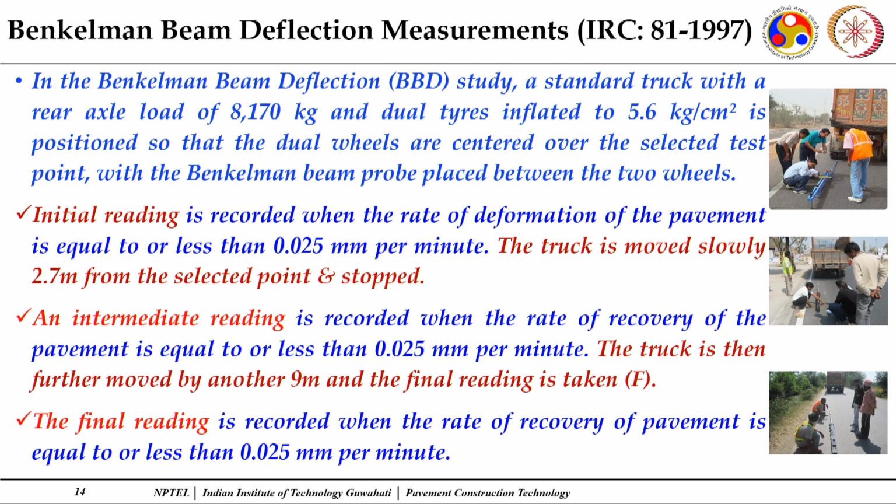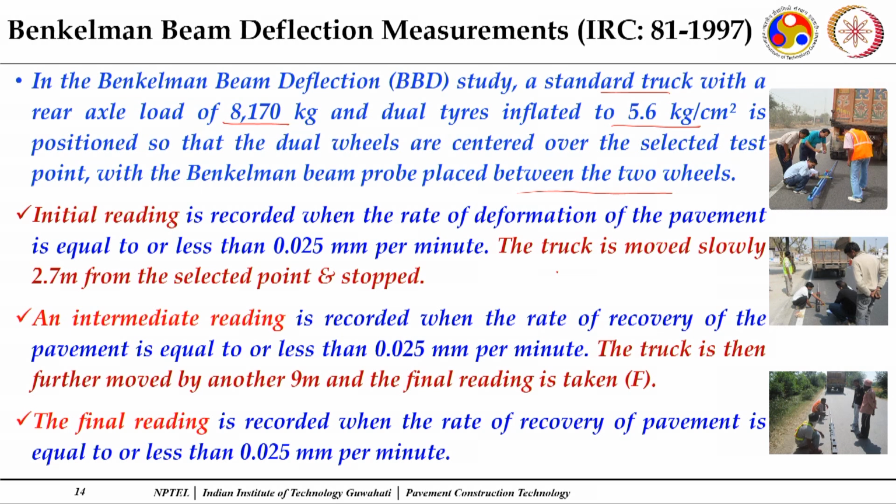Now, when the deflection measurement has to start, as I mentioned, a standard truck with a rear axle weight of 8170 kg and dual tires is brought to the test location, at a prescribed distance from the pavement edge. Then the Benkelman beam probe is inserted between the dual wheels. Thereafter, the first reading is noted down.